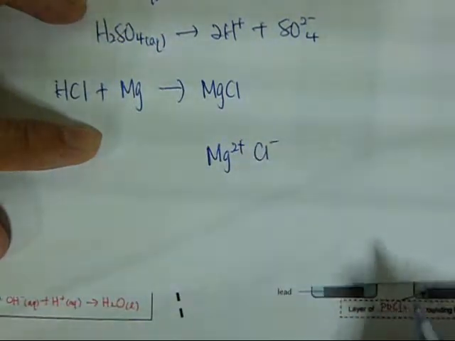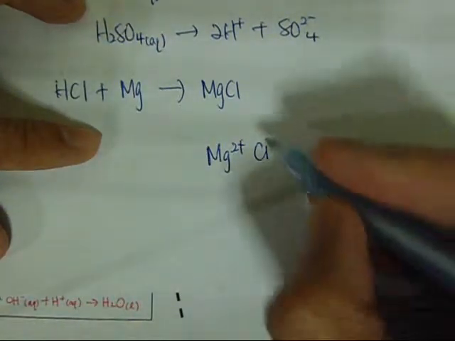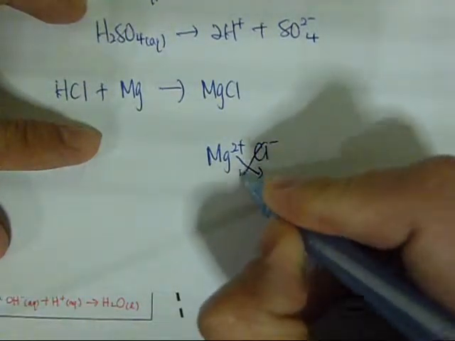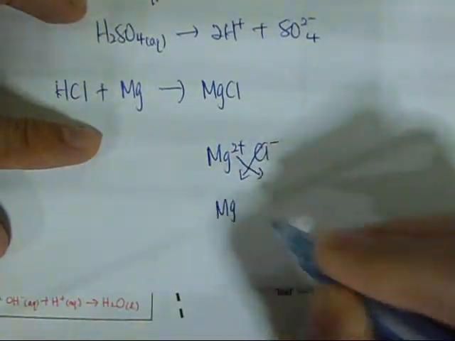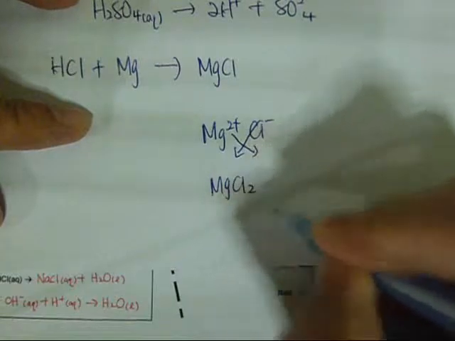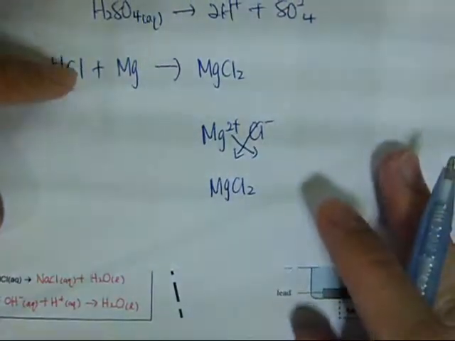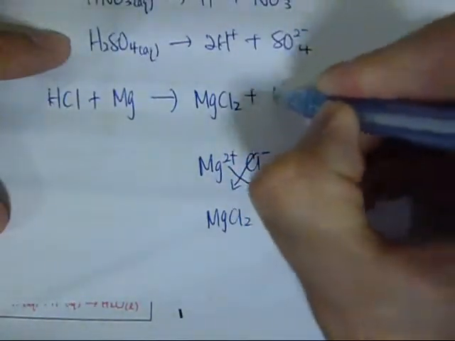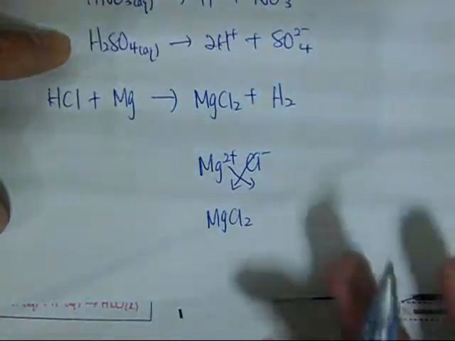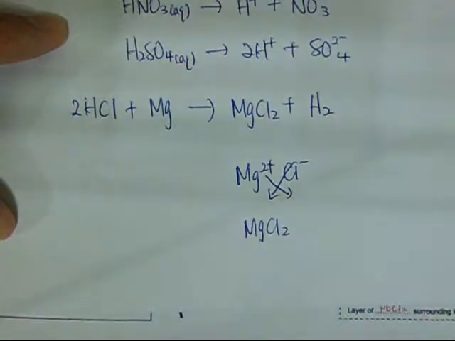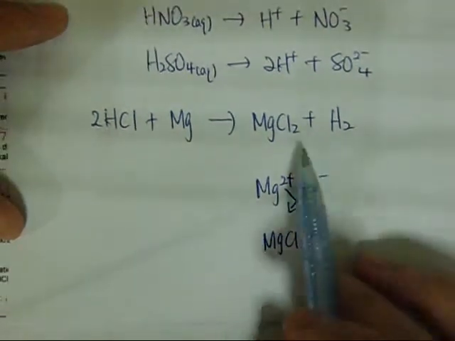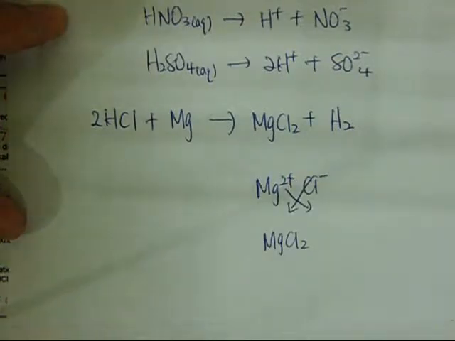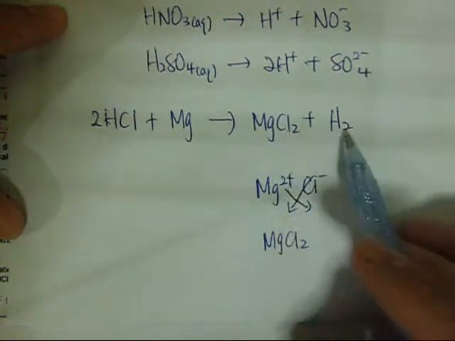Cl is group 7, so it forms a Cl- ion, and then you cross multiply and you get MgCl2. So MgCl2 plus hydrogen gas, and then you have to balance the equation. I guess it's already balanced. So this is an example of acid plus reactive metal to form salt and hydrogen.